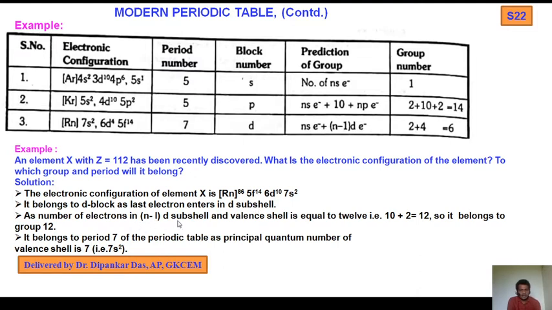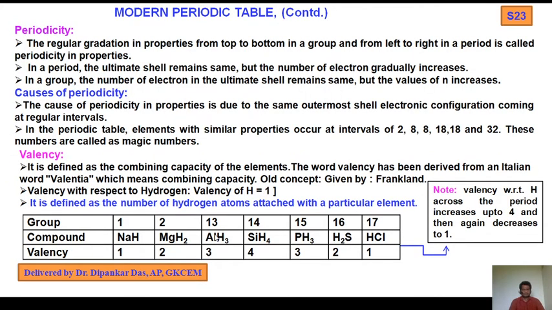The number of electrons in the (n minus 1) d subshell and valence shell is equal to 12, because 10 plus 2. So the S orbital electrons are 2 in NS, and for n minus 1, n means 7, 7 minus 1, 6d contains 10 electrons, so 10 plus 2 is 12. So it belongs to group 12. It belongs to period 7, n equals 7, of the periodic table, as the principal quantum number of the valence shell is 7. I think you understood this. Okay.